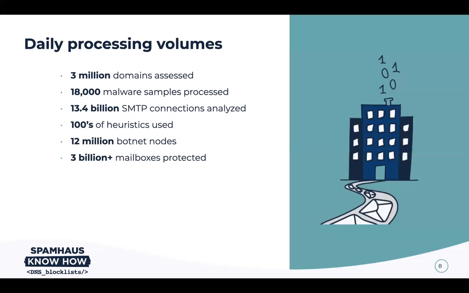You can see on the slide that what we do daily is process the reputation of maybe 3 million domains per day. We also process SMTP connection data. The number there again comes from last week's average. During the busy hours, we are processing something like 150,000 connection data per second.